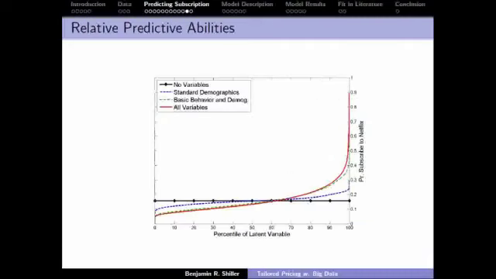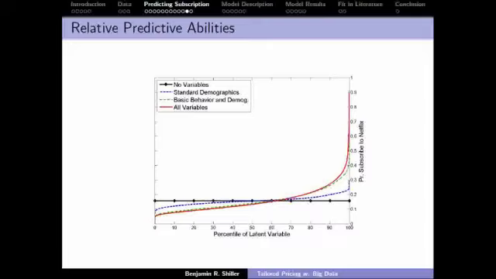Okay, so on this plot, I'm basically plotting the predictive probabilities from the model for different sets of explanatory variables. And so this red line is when all the variables are used. The green line is when just the basic web behavior variables and demographics are used. And here's the demographics. So you see this black line, which I didn't mention, is the uninformed probability that anyone subscribes to Netflix.